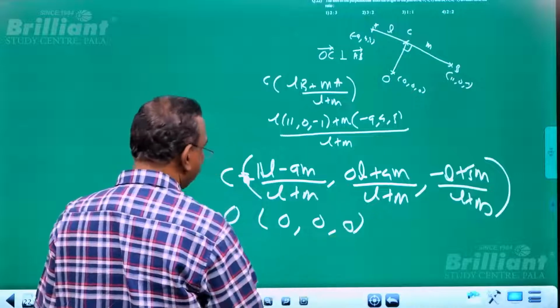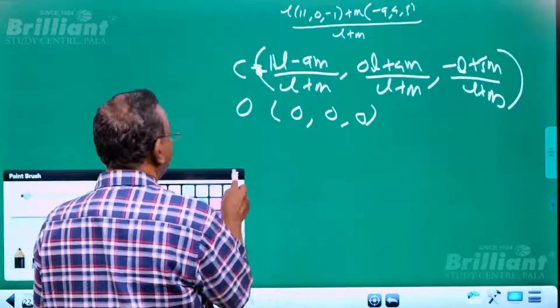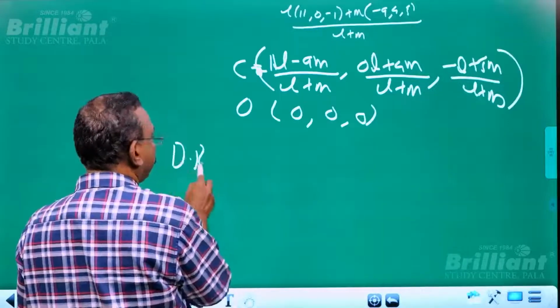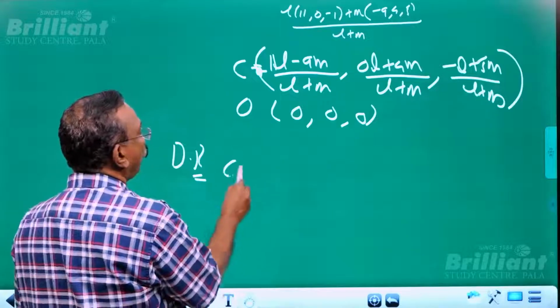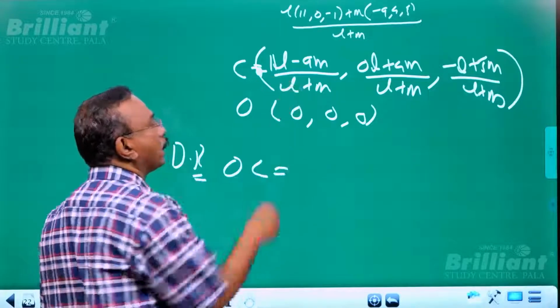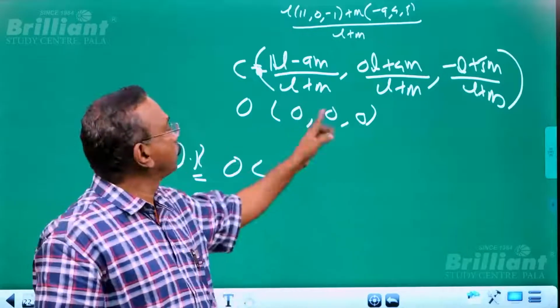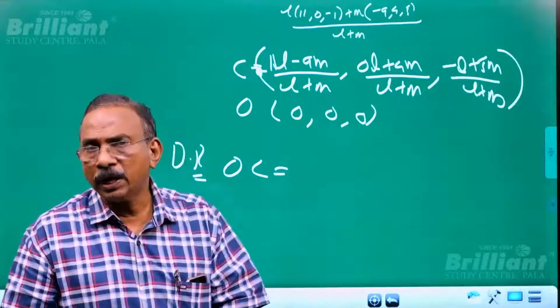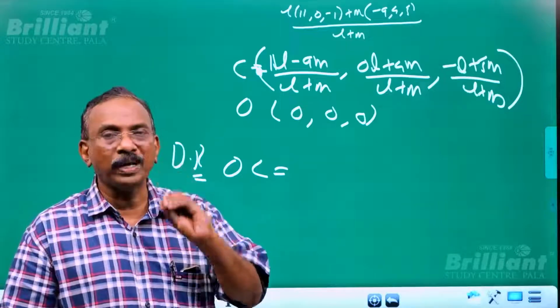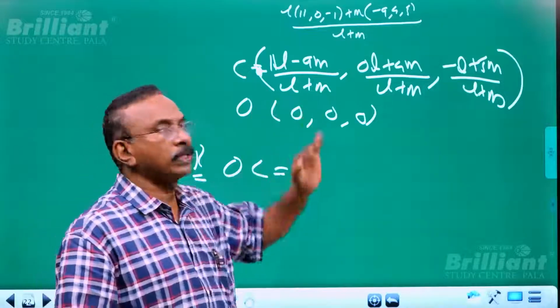So what are the direction ratios of vector OC? The direction ratio is the difference of the coordinates, and all of them have L plus M in the denominator, because 0 is subtracted, there is no change in the value. So there is no need to mark L plus M in the denominator.